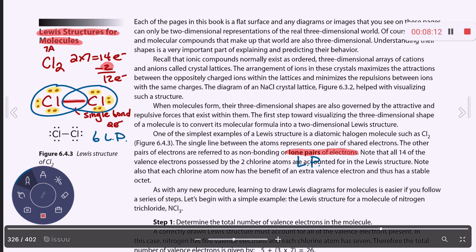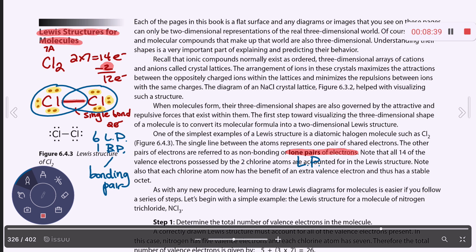Okay, but that bond in the middle, which has a pair of electrons in it, that would be a bonding pair. So a bonding pair would be abbreviated BP, and I have 1 of them. It's that one in the middle. We good so far?